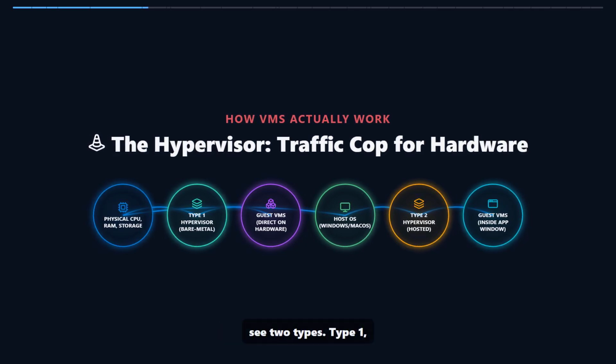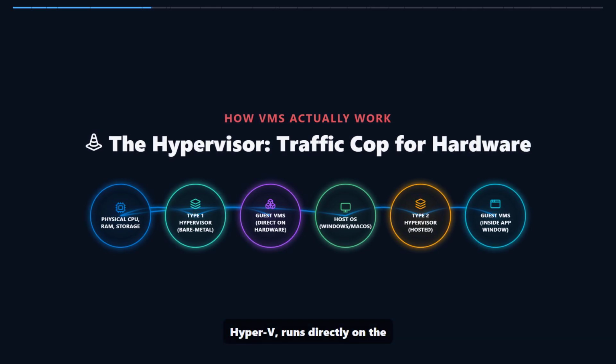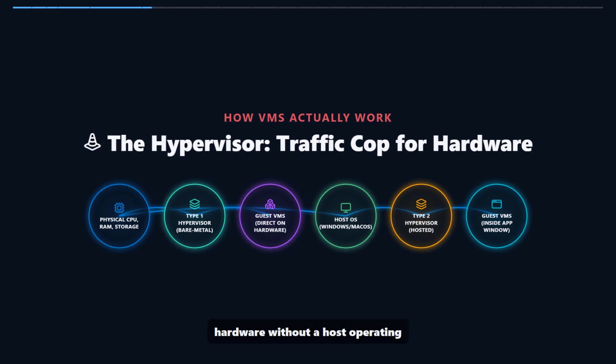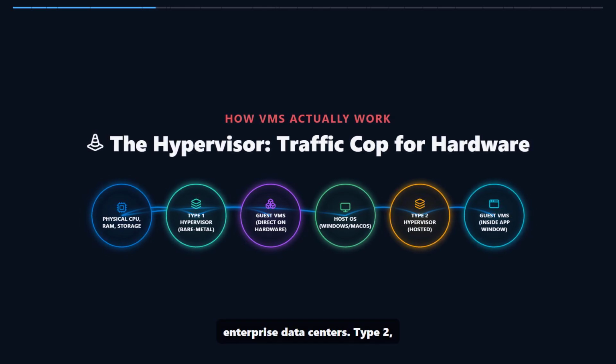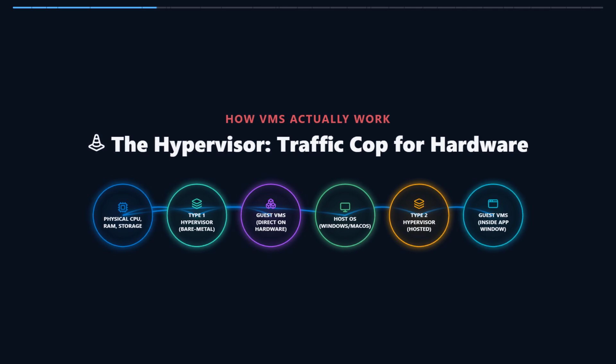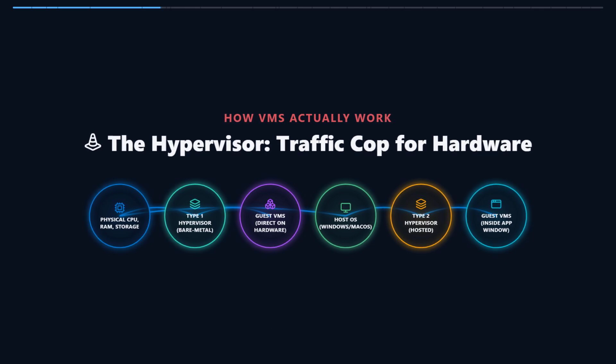You'll see 2 types. Type 1, like VMware ESXi or Microsoft Hyper-V, runs directly on the hardware without a host operating system underneath. It's built for top performance and runs most enterprise data centers. Type 2, like VirtualBox or VMware Workstation, runs as an application inside your existing Windows or macOS.